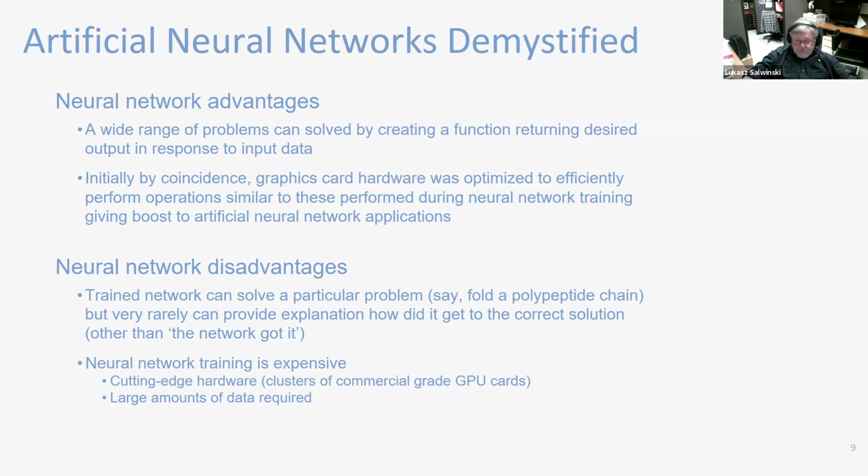And then the second part of the neural network issues is that training is expensive. It requires essentially cutting edge hardware. You're not gonna be able to do much on a laptop with just a generic graphics card.